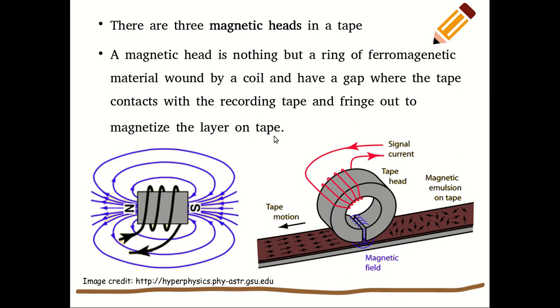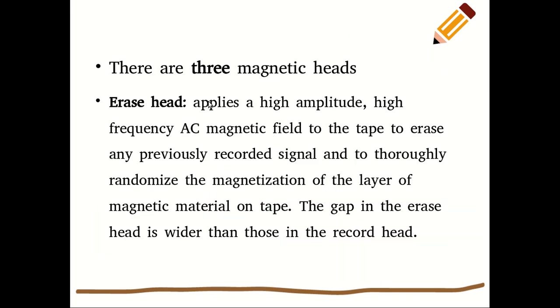There are three magnetic heads, as we have said. The first one is the erase head, to which a very high amplitude and high frequency AC magnetic field is applied, so that if there is any data on the tape, that data will be erased with the help of this erase head.